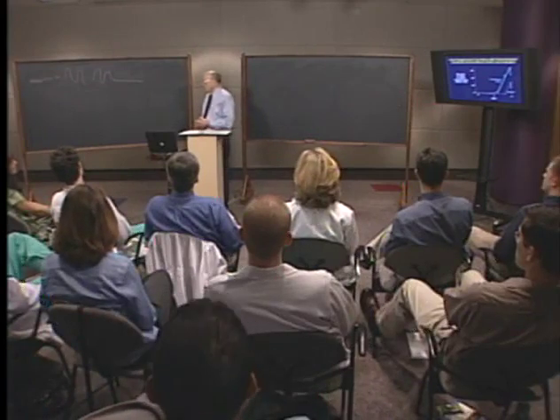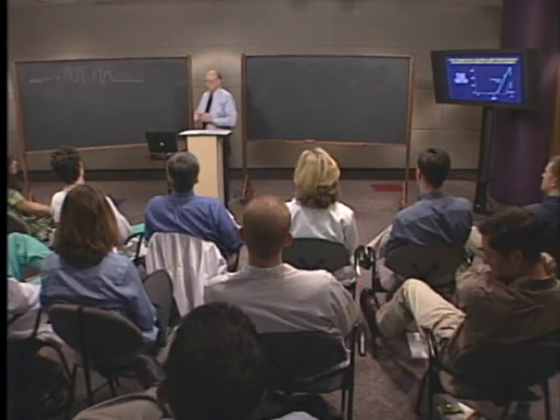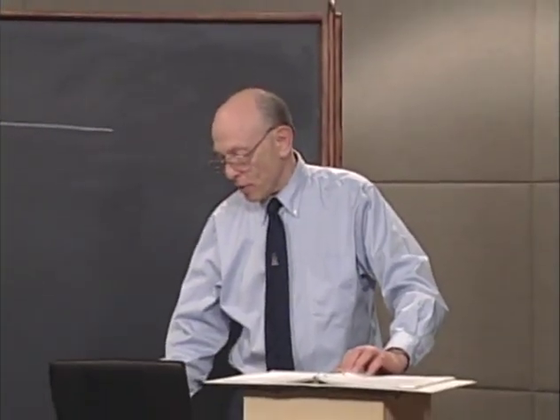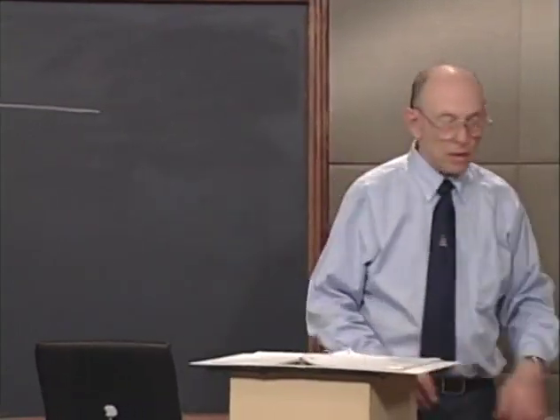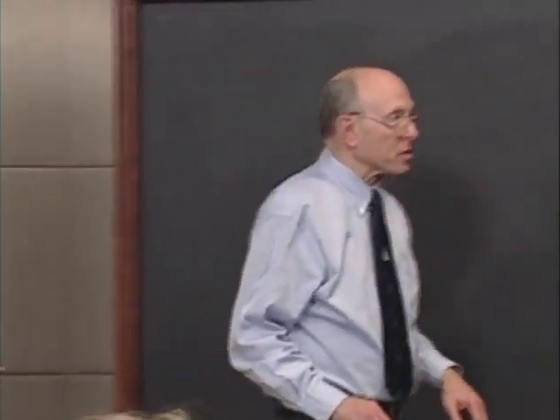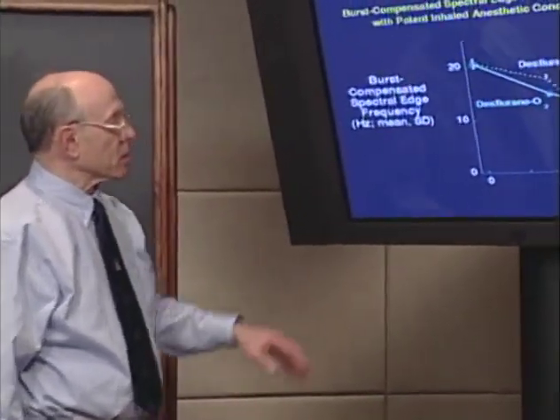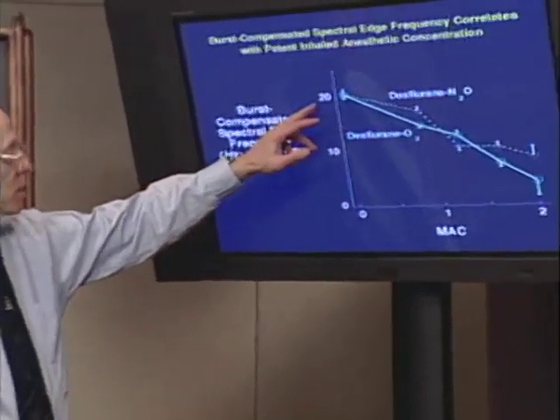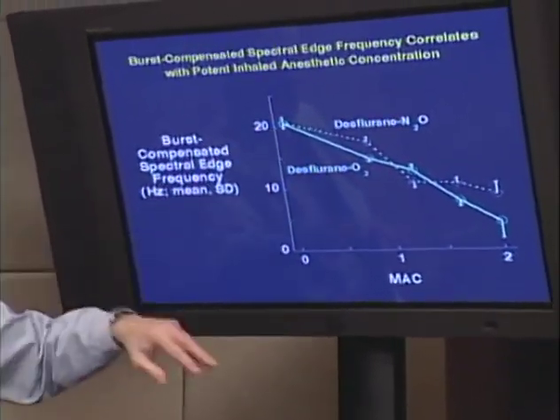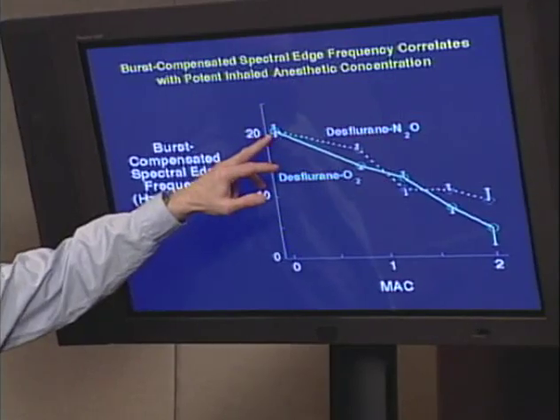And in addition, we can look at the amount of energy that's in the EEG. The amount of energy that's in the EEG at certain frequencies can be looked at in terms of the spectral edge frequency. That is, we can look at the edge as the highest frequency at which we find activity, either 95% of the activity or 100% of the activity. So we'd say that the frequency in hertz, 20 cycles per second, is what we're going to find in the awake person.